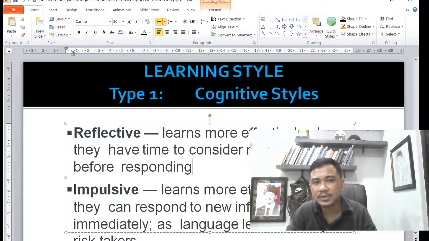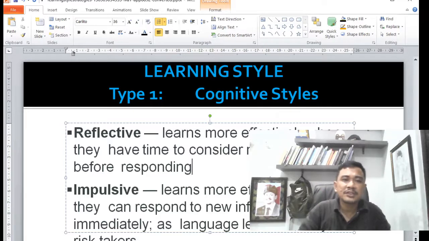That is impulsive. Reflective students are more careful in responding to questions. They have to process first, and then after that they decide what they should say based on their understanding.